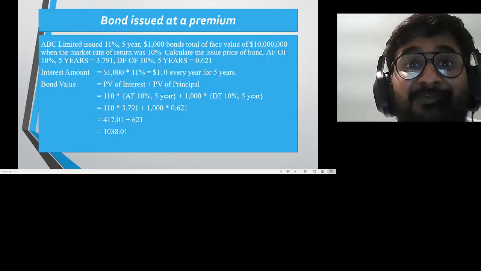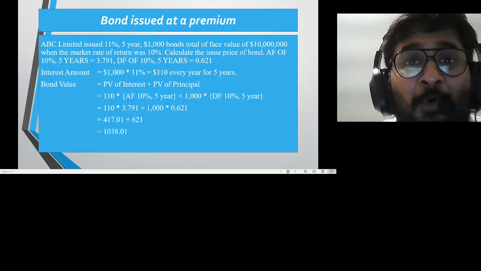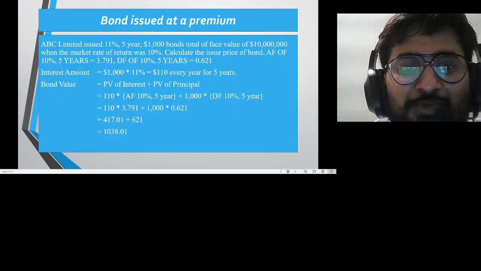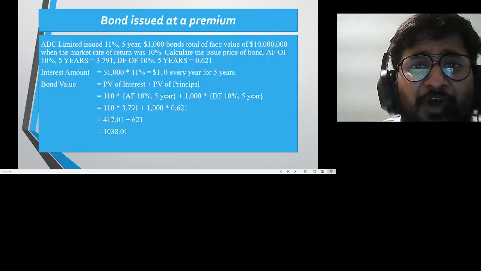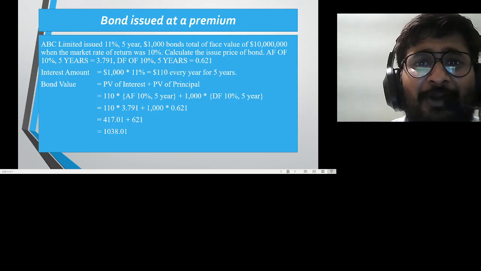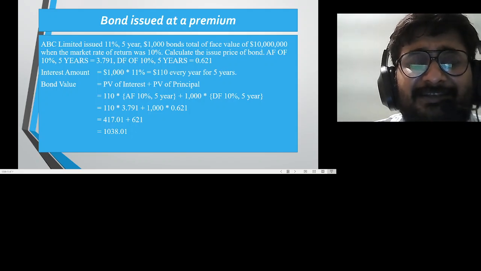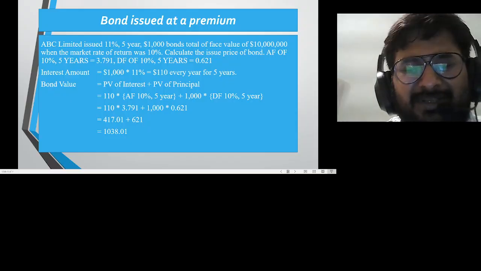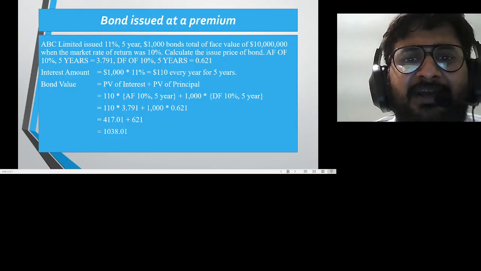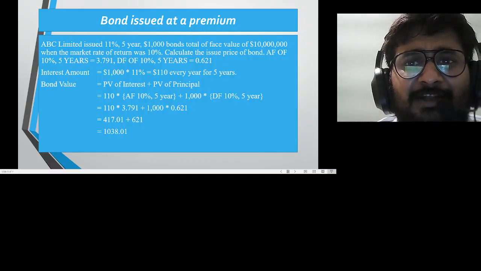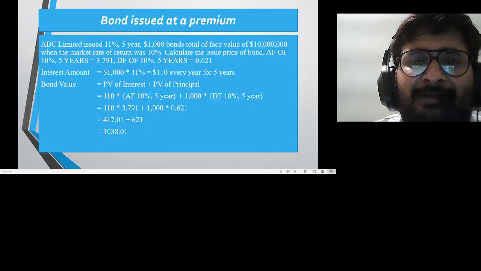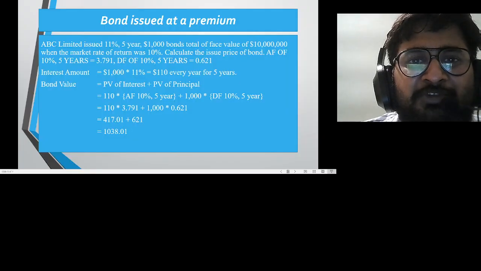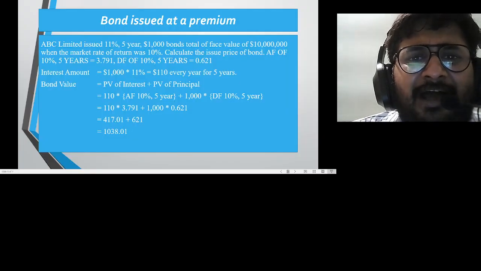So in this case, the bond has been issued at more than its par value. That means it has been issued at a premium, and it is logical also. You are offering 11%. Similar bonds with similar credit rating, similar debt to equity ratio, and similar capital structure are giving 10%. So that means you are offering more than the market. The market will ensure everybody earns 10% from this bond also. How? By buying it at a higher price.